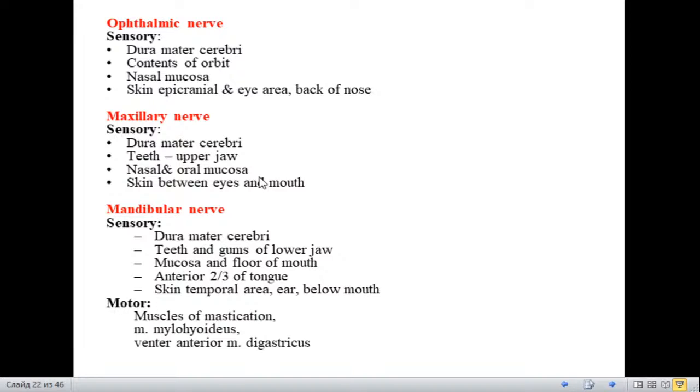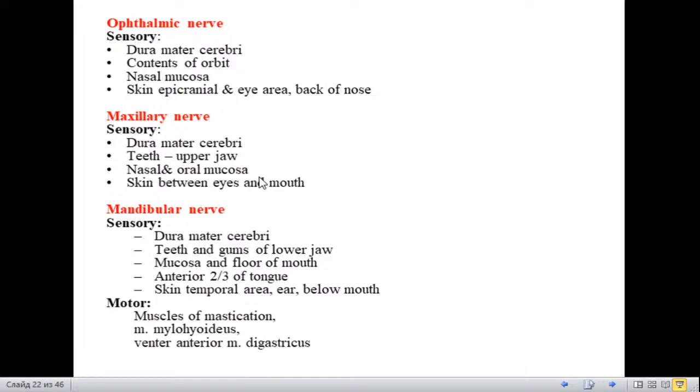Then, secondly, the ophthalmic nerve supplies tissues of the orbit, eyeball, surrounding tissues, lacrimal gland, and so on. Then the nasal mucosa, due to the presence of anterior and posterior ethmoidal nerves, and it supplies the skin above the palpebral fissure and at the back of the nose. The maxillary nerve supplies the meninges of the brain, as we said above.